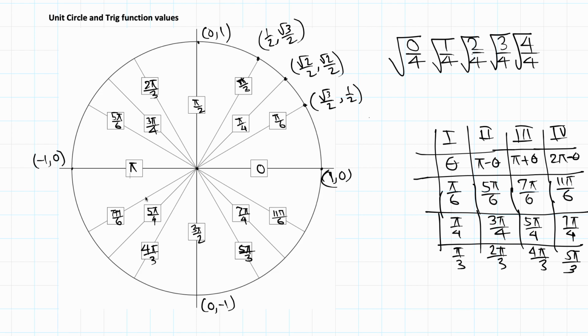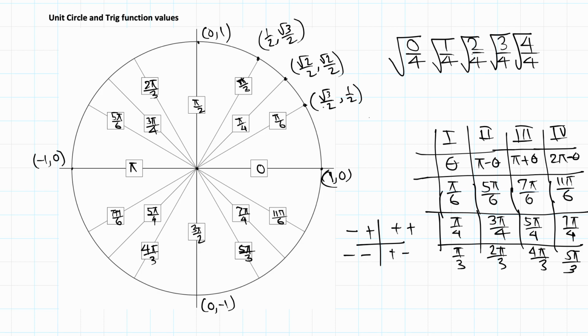Now, let's find the coordinates for other angles. This is the opposite. So in the first quadrant, x direction is positive, y is also positive, right? In the second quadrant, we have to move left, negative, positive. Here, left, down, right, down.